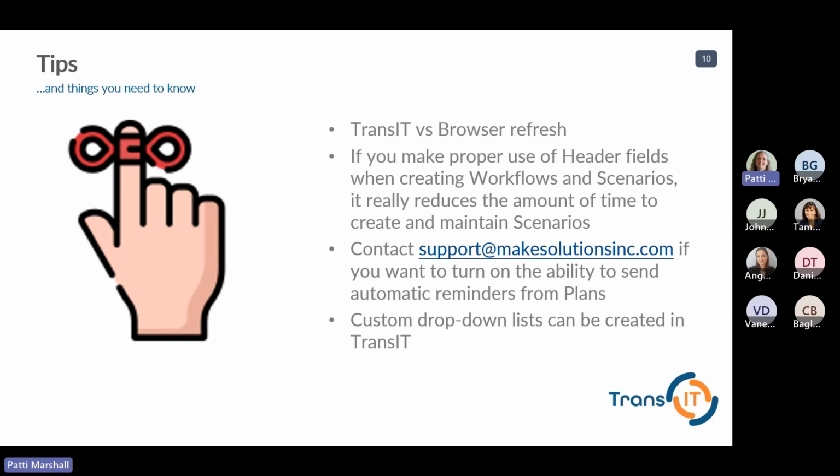I'm also going to try to show a scenario where making really good use of header fields really speeds up the test script creation and maintenance process. As an example, we try to put as many of the square bracketed header fields in workflows as possible. And then it makes those workflows very easy to use.